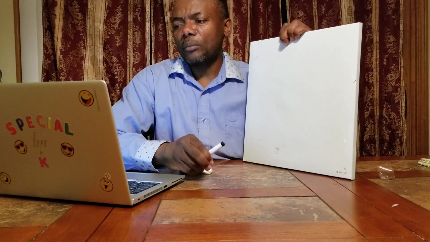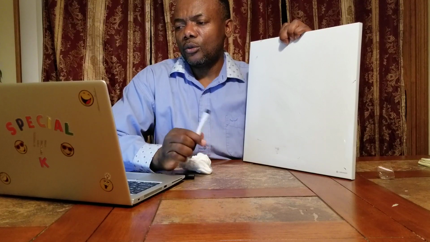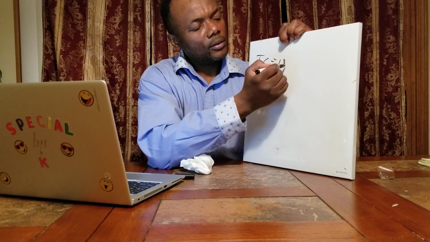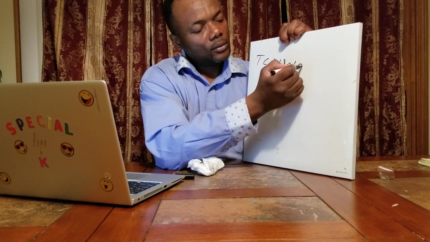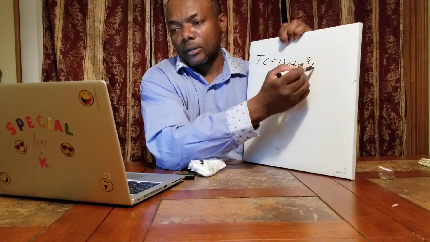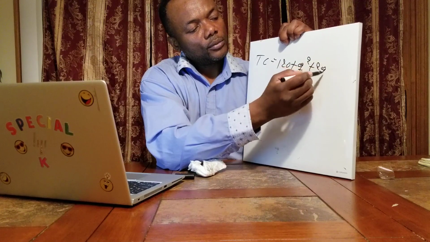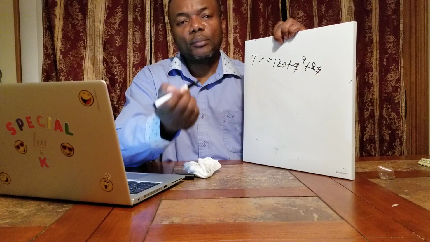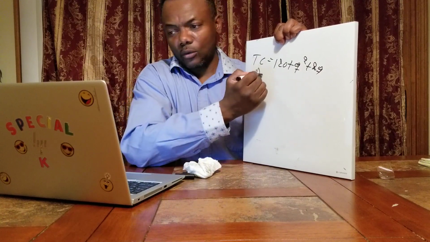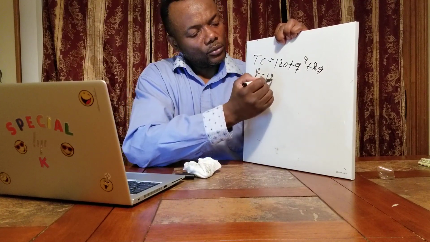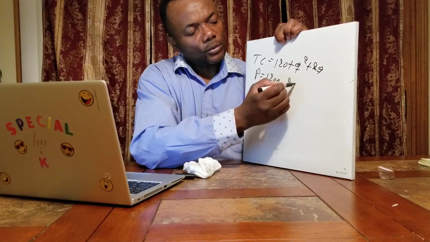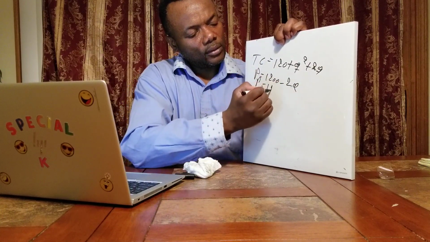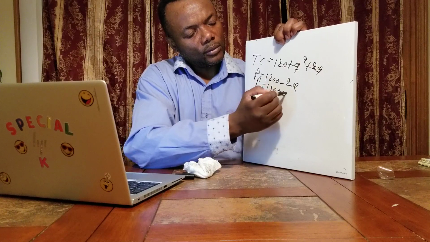Pretty much here, you have a cost function, which is provided here, plus q squared plus 2q. And then I give you a demand function, P equal to 1200 minus 2q, and a supply function, P equals 120 plus q.